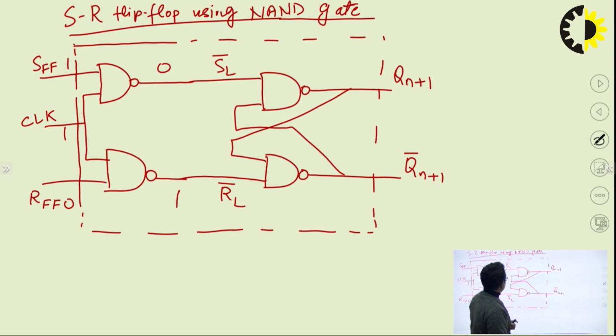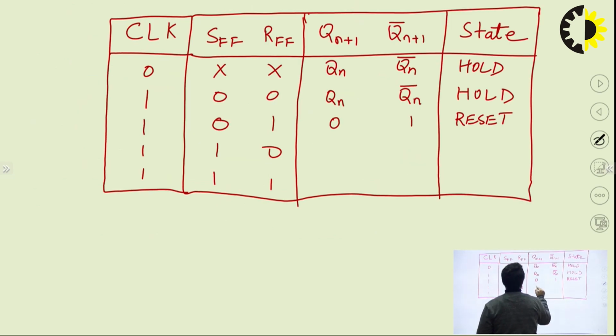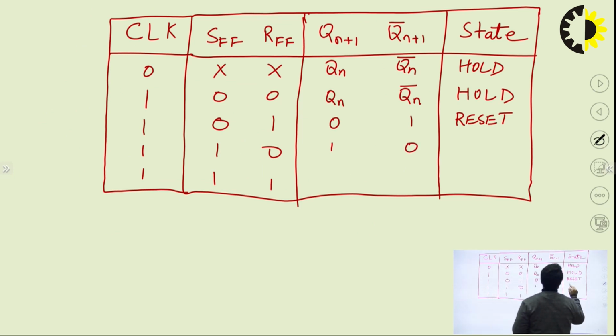Now as per this combination, your S bar has got the value 0. As per its meaning, it should set the output value, meaning Qn plus 1 will be 1 and Qn plus 1 complement is 0. This is your set state.